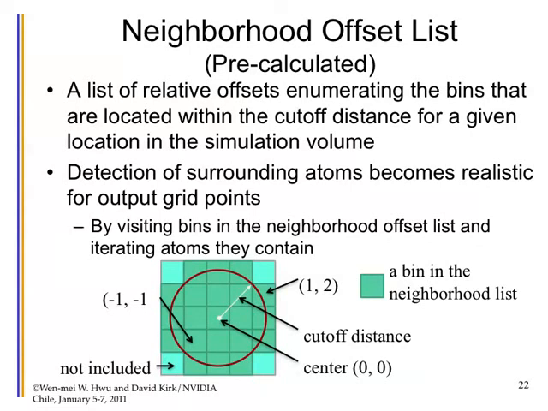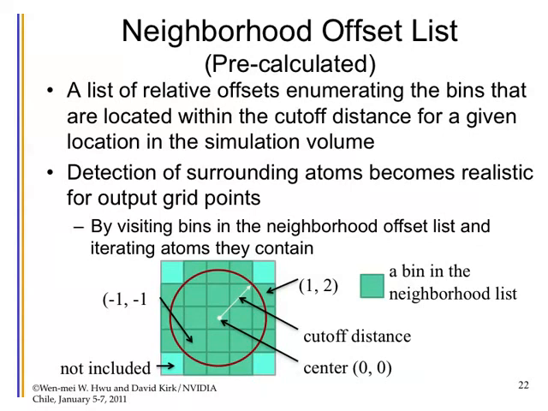So it doesn't matter where the thread block is processing. It just takes its own coordinate and adds each of these offsets to identify the coordinates of the bins that need to be examined. That's why it's a generic list. It can be used by all the thread blocks.